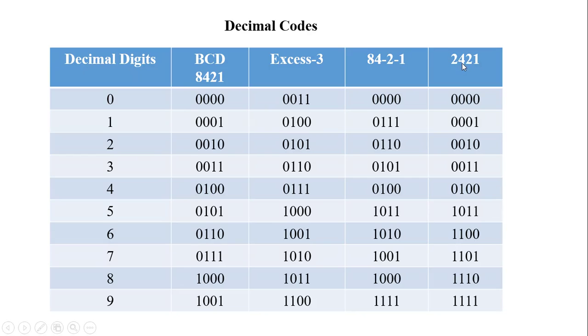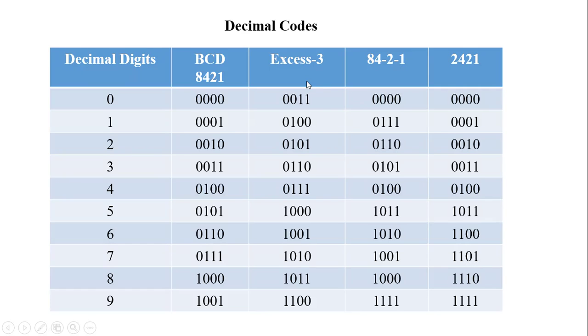So 4 plus 2 plus 1, so 1 1 1, and this bit is 0. Or you can make this 1 and this 1 and this 1. So 1 1 0 1 also represents 7. So this is the code of 7.